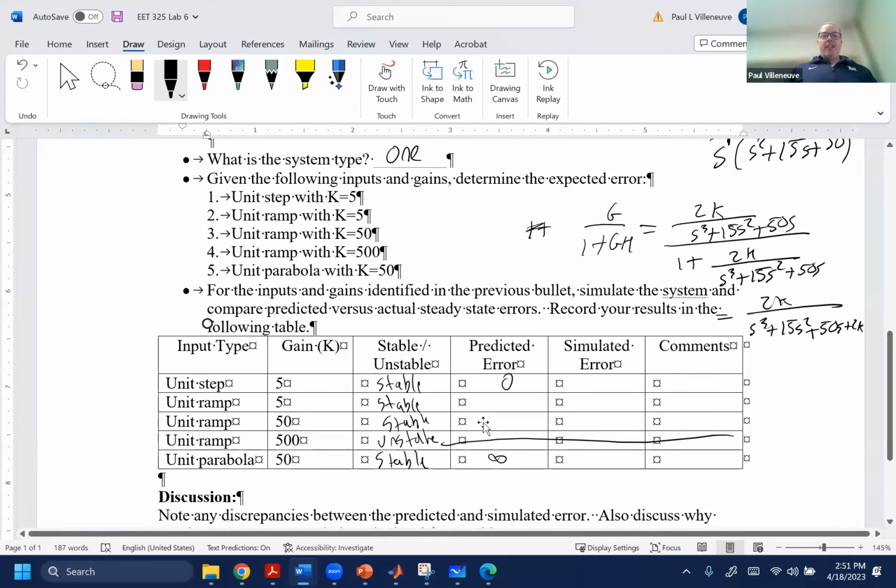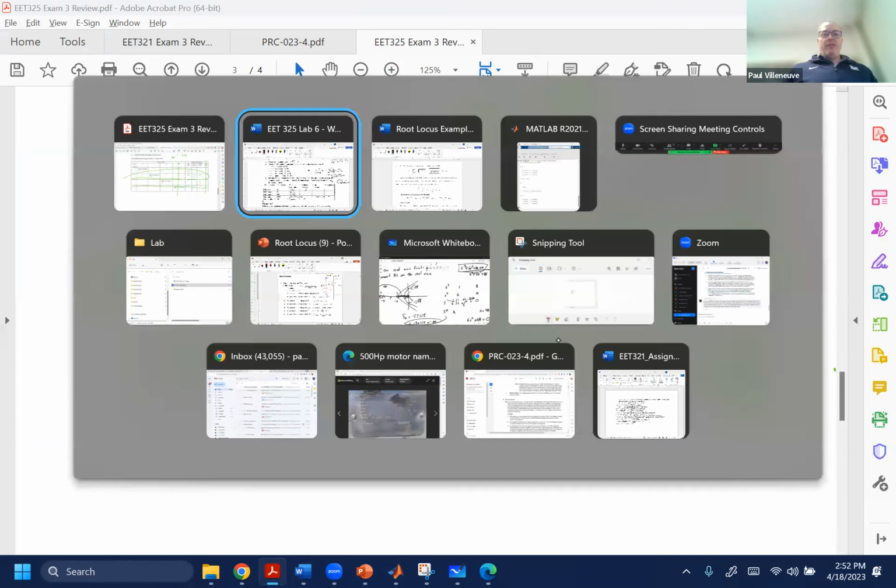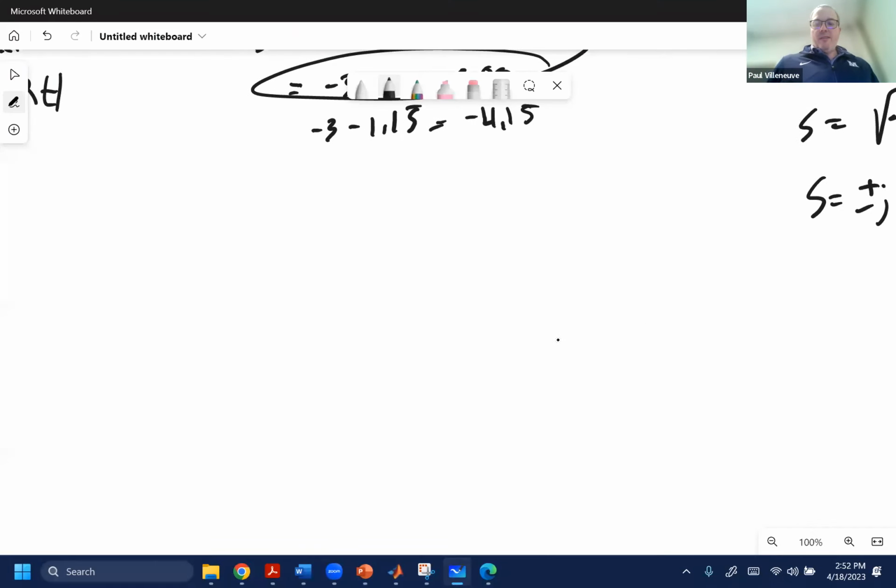Now the only ones we need to calculate are these 2 for unit ramp. So for a unit ramp for K equal 5, all we need to use is our K sub V. So K sub V is equal to the limit as S approaches 0 of S times GH.